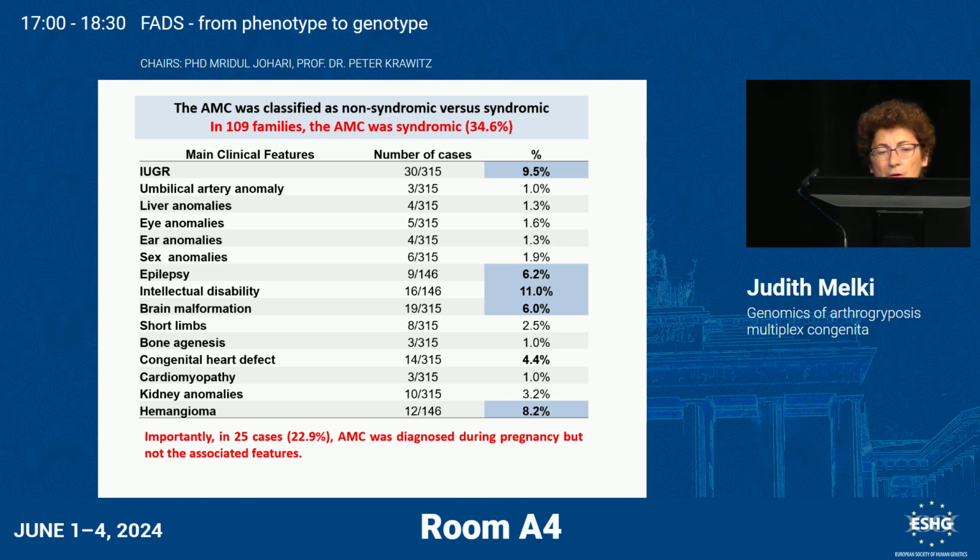You can see that the most frequent associated features were intrauterine growth retardation in more than 9% of cases, epilepsy, intellectual disability, and brain malformation in 6 to 11%, congenital heart defect in 4%, and hemangioma in 8%.